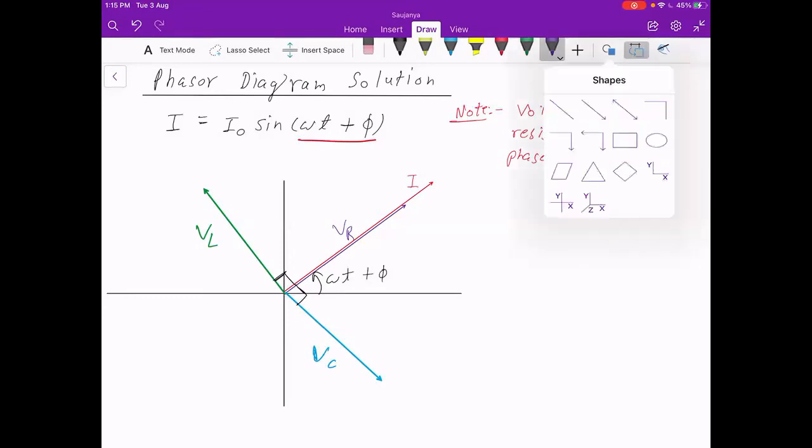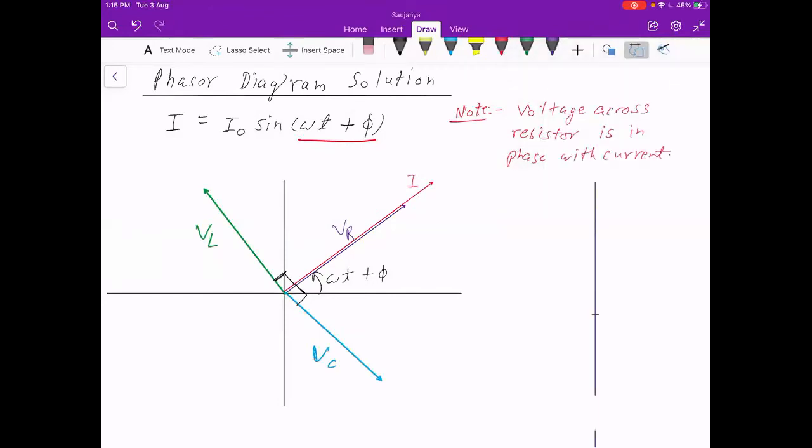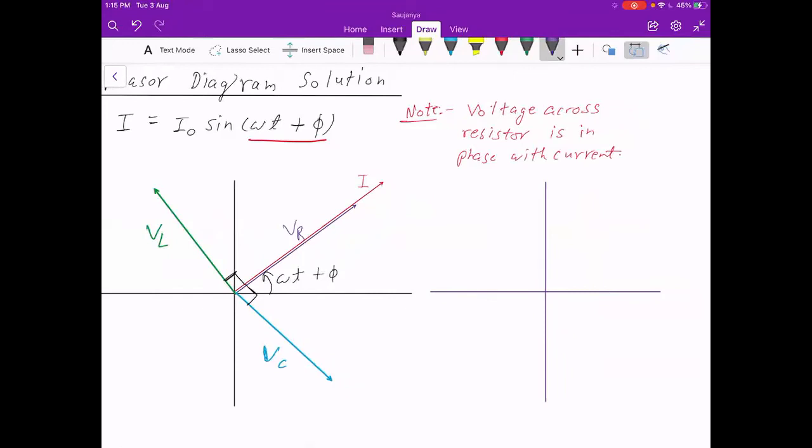So in that case, I'll draw the same diagram with a little distinction: I'm going to have them straight. I'll have the resistive voltage VR and I along the x-axis.